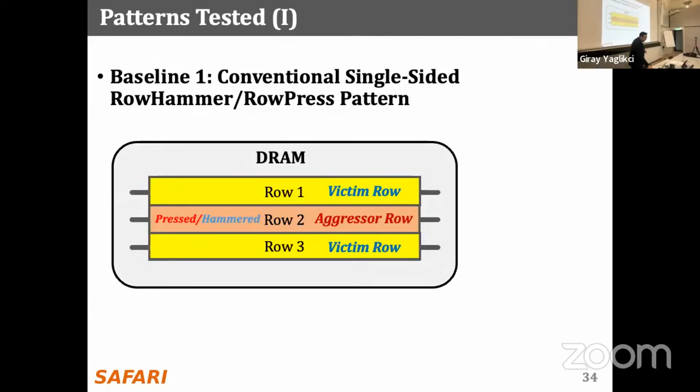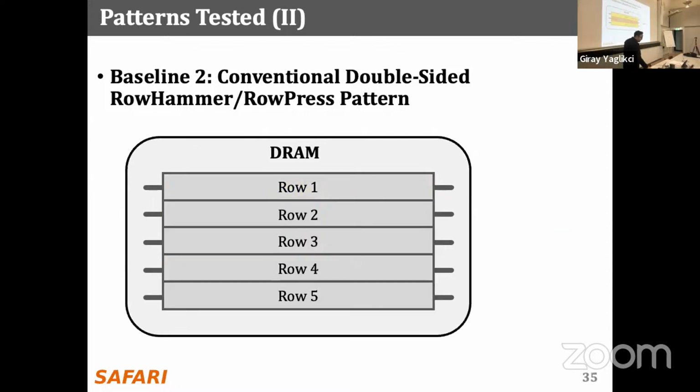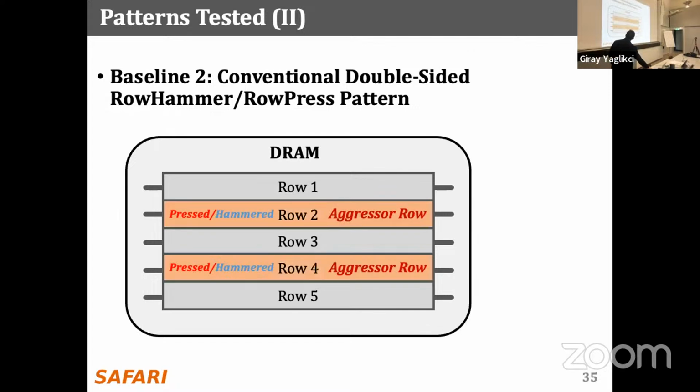So our baseline access pattern is single-sided RowHammer or RowPress here, and we use the tAggON parameter again and sweep it from 36 nanoseconds to other values. And this is our conventional double-sided RowHammer RowPress attack. We have row 3 as the victim, and we sandwich it from both sides, right?